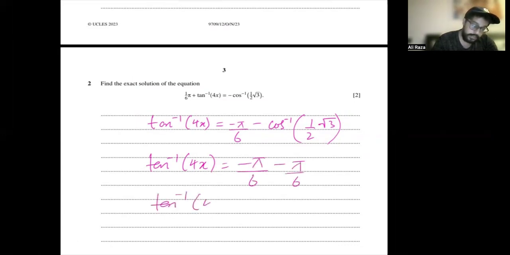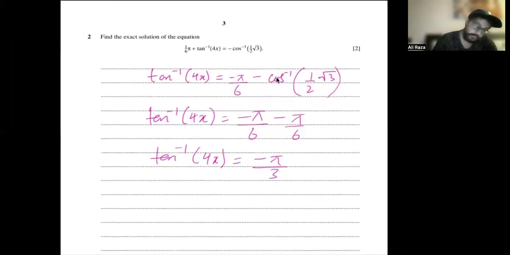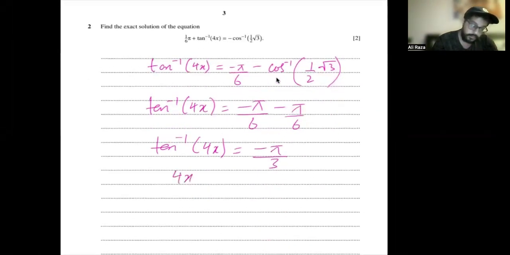Tan inverse 4x is equal to minus pi over 3. Or 4x is equal to tan of minus pi over 3.